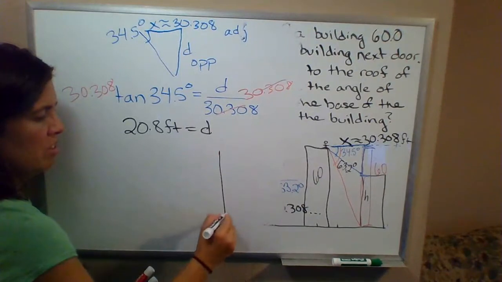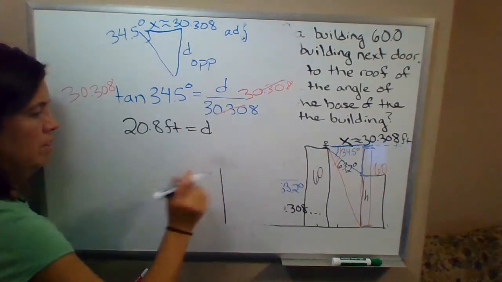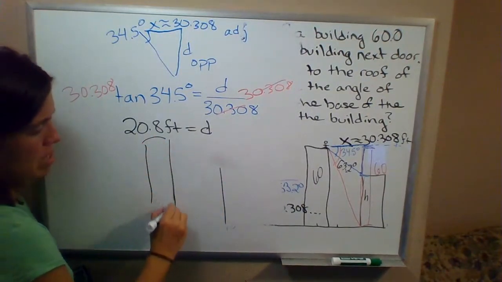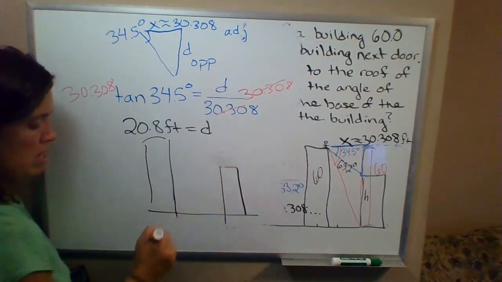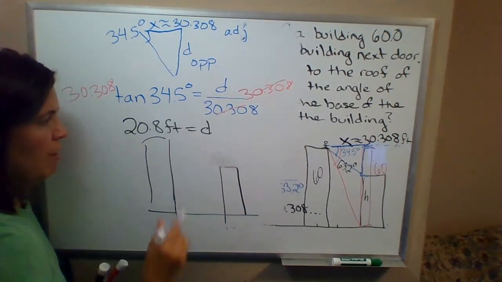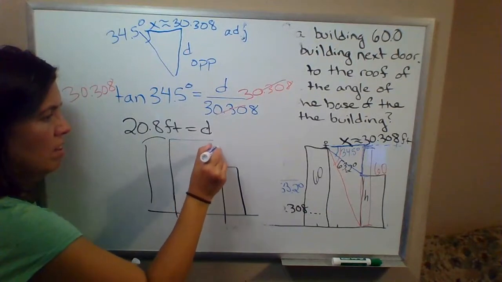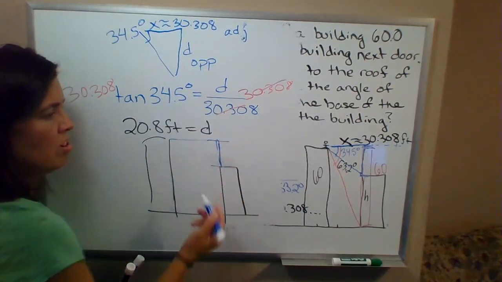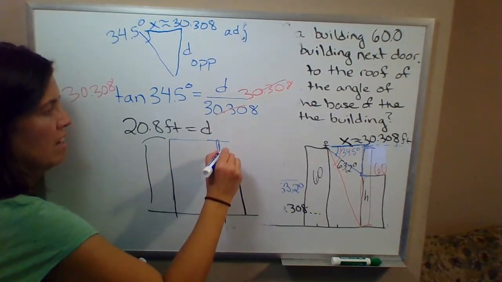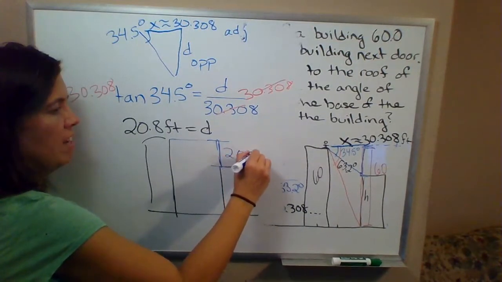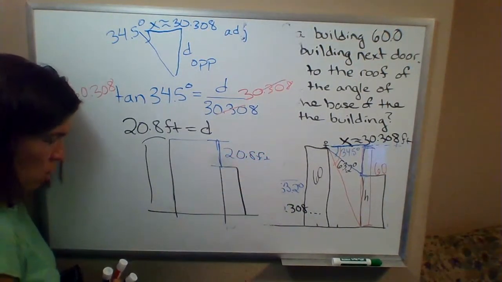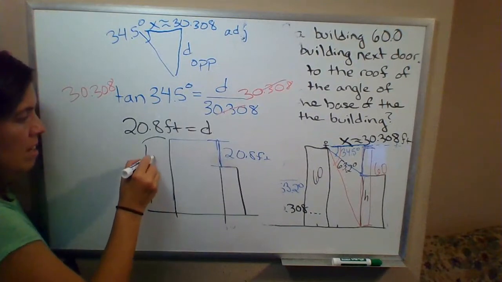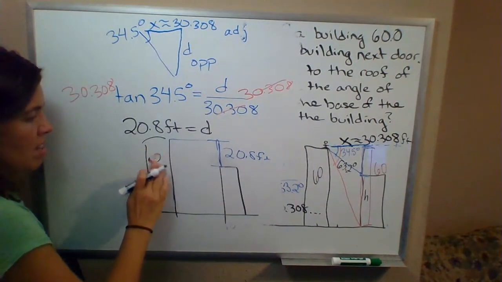And then let me draw this diagram again. So we've got this taller building and then the shorter building. We found out that this was our D. This extra bit of height is about 20.8 feet. And I know that this building is 60 feet tall.